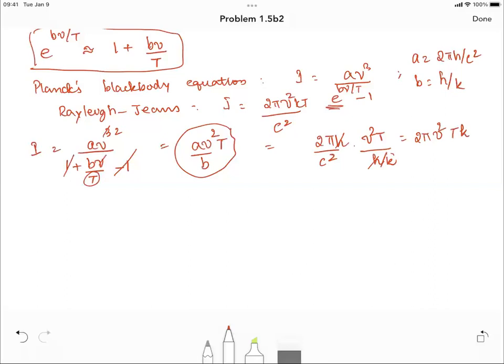The k is in the denominator of the denominator, so it goes to the numerator, over c squared. Now I can rearrange the kt terms to write 2 pi nu square kt by c squared, which is nothing but the Rayleigh-Jeans equation. So we have shown very clearly that at very small frequencies, Planck's blackbody equation can be approximated to result in the Rayleigh-Jeans equation.